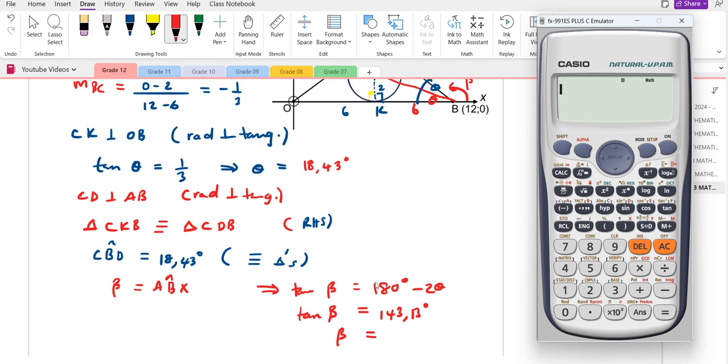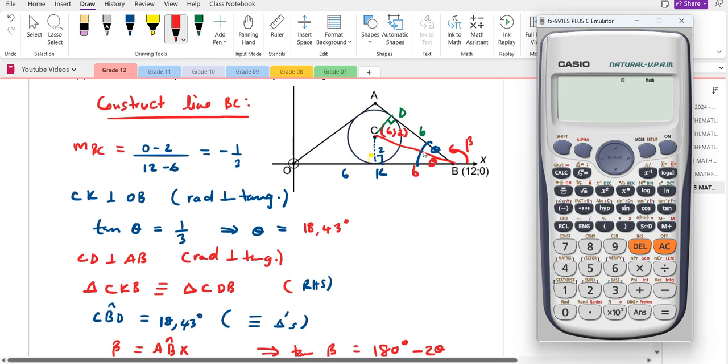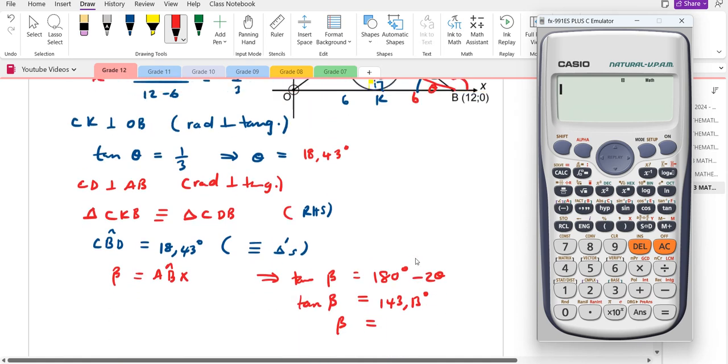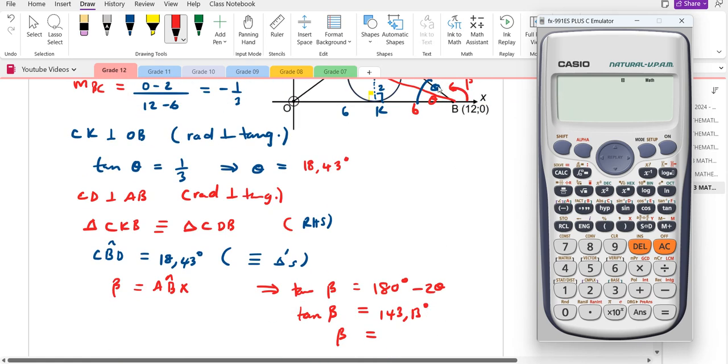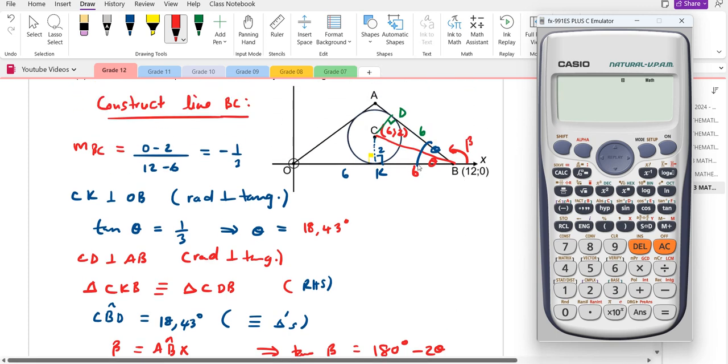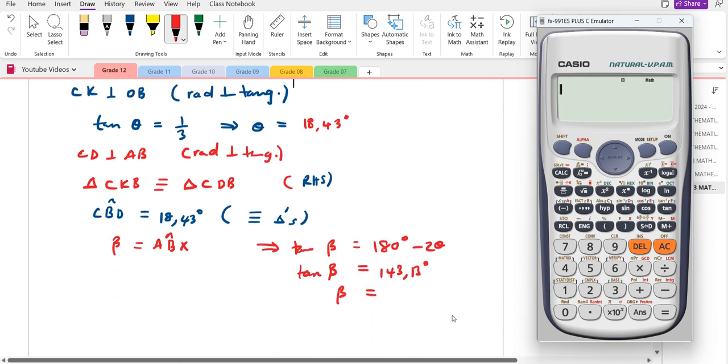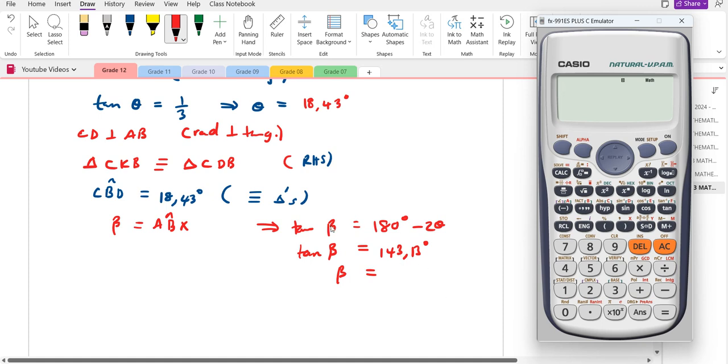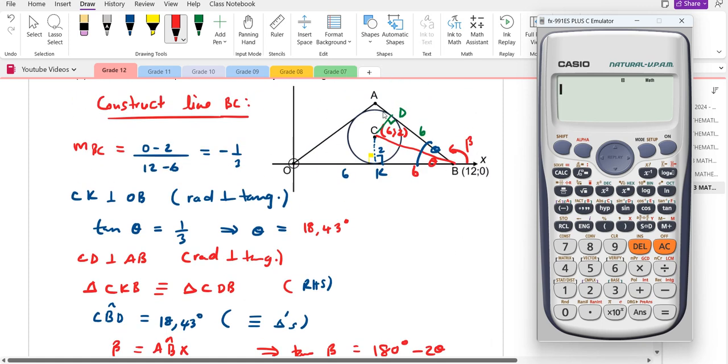I took 180 minus this angle, 2 theta, to get this here to be, okay, the angle on the inside. Tan beta, if I join this line, okay, I've got twice the angle here. If I join up this line AK, then I can have a height and the distance is 6.